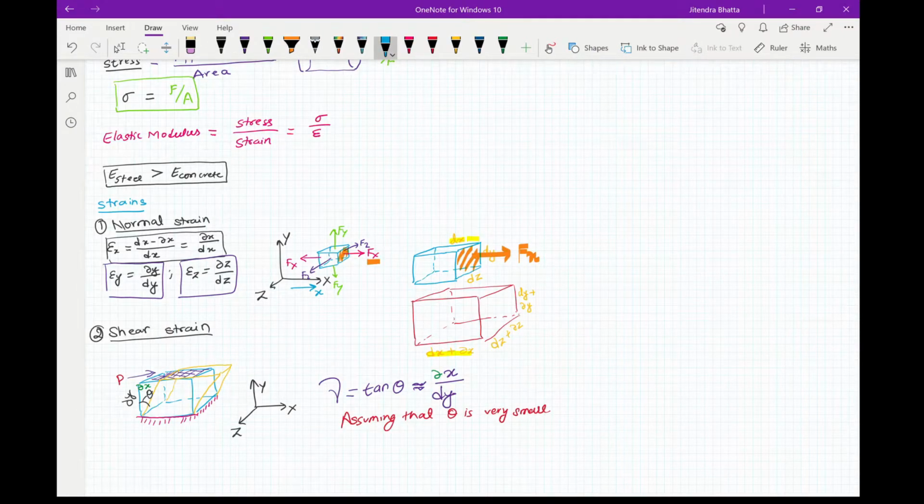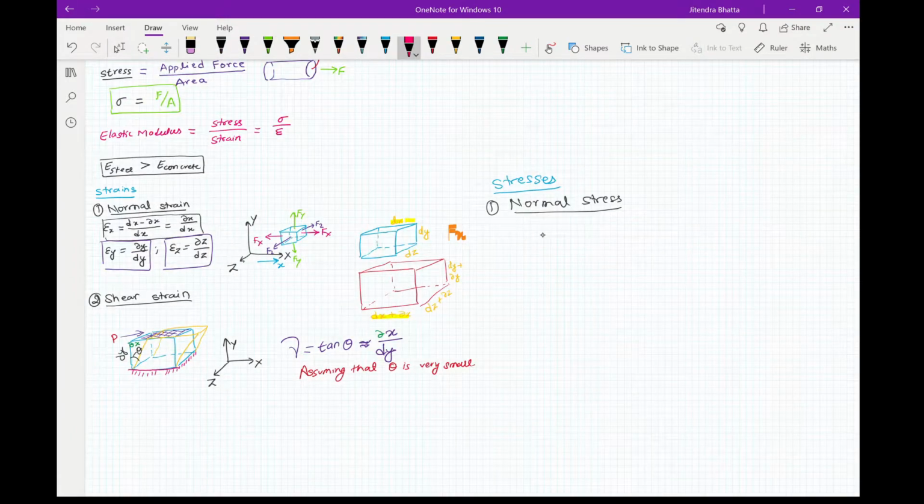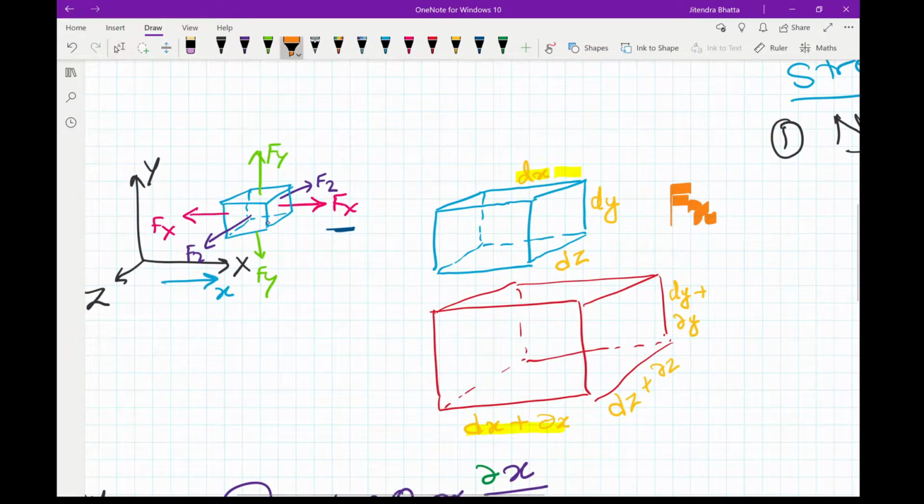Now let's have a look at stresses. First we look into normal stress. The normal stress is denoted by sigma. Let's say in the x direction, sigma x is defined as force applied in the x direction, which is Fx, this one here, divided by its area of application, which is this area here.